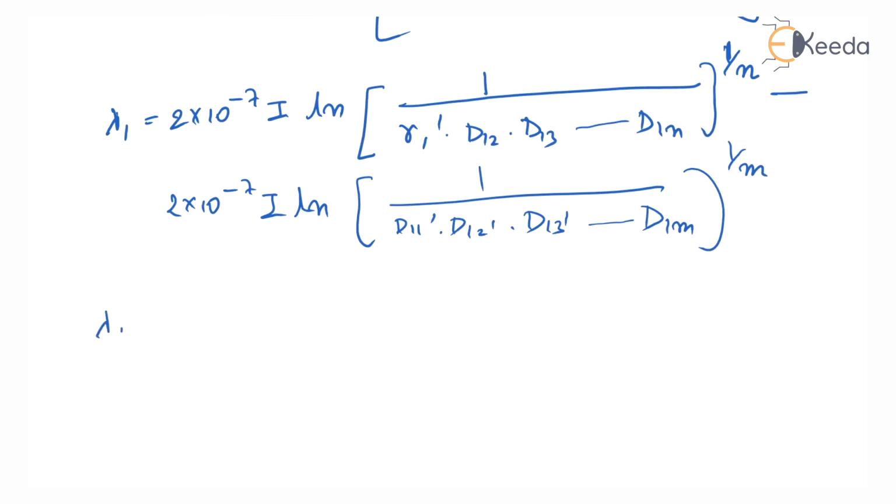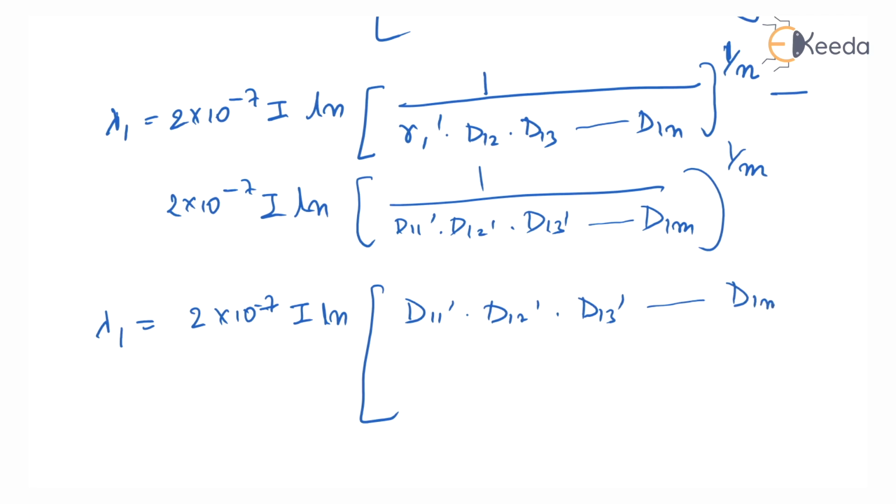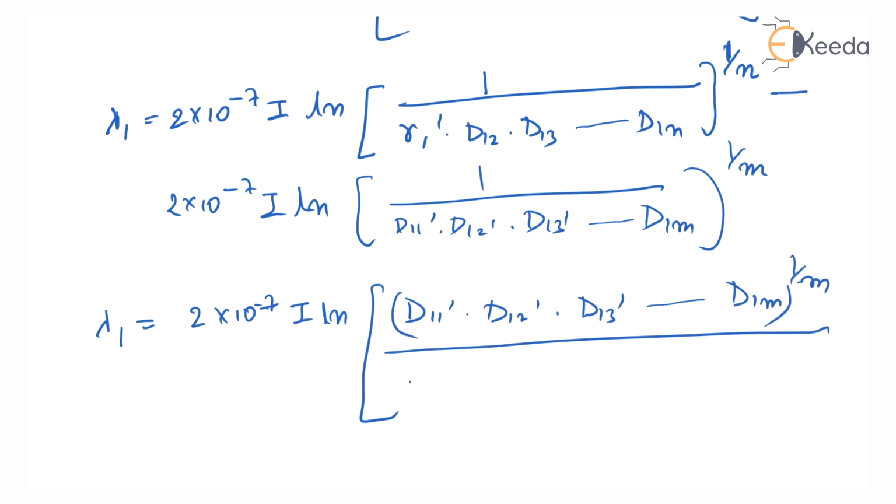Again simplify this equation, we can write this as lambda 1 is equals to 2 into 10 to the power minus 7, ln of (d11' · d12' · d13' up to d1m') whole power 1 by m, upon (r1' · d12 · d13 up to d1n) whole power 1 by n.